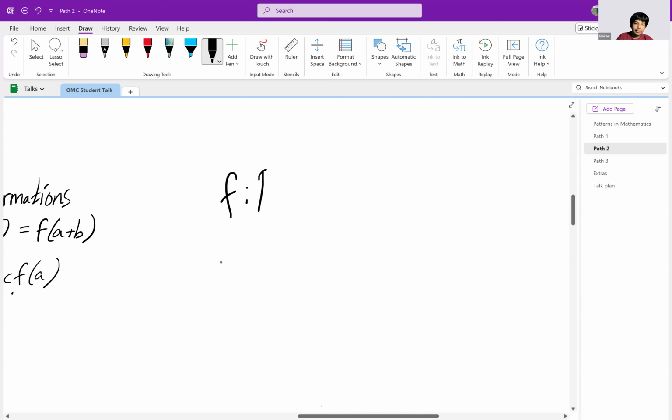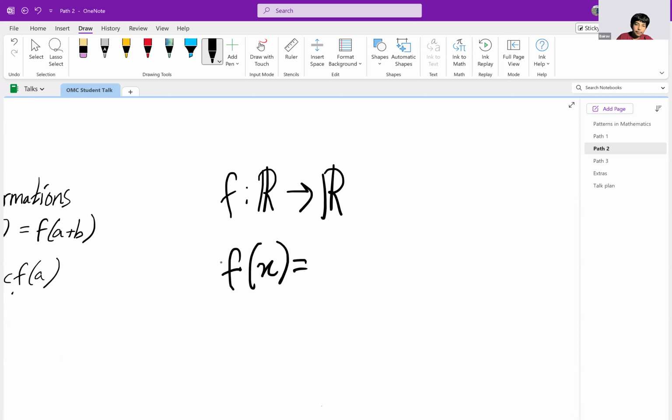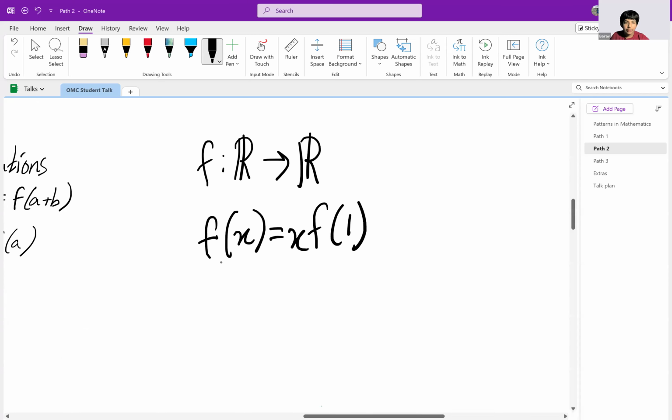We have it from real numbers to real numbers. Then we get f of x is just x times f of 1. So then these are pretty simple. What if we have a bit more complex ones?